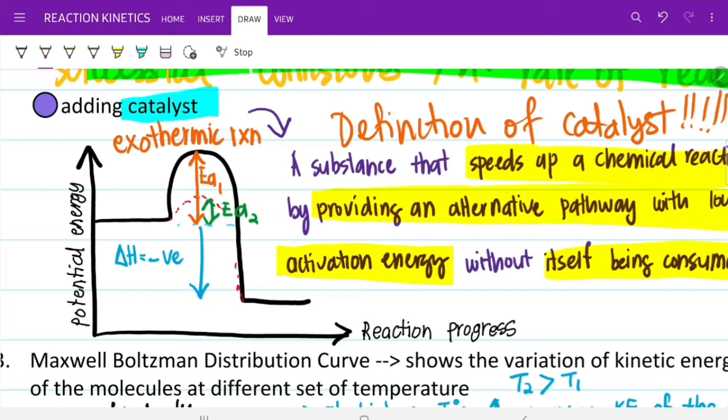In this one, I labeled two different activation energy values. The first one is EA1, which refers to the activation energy without catalyst, that means the original one.